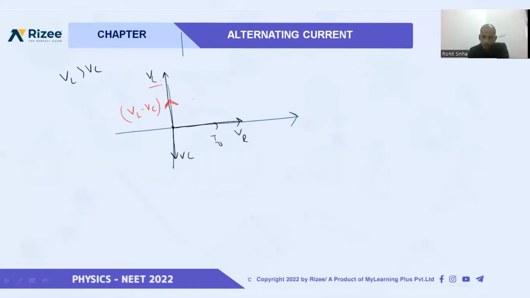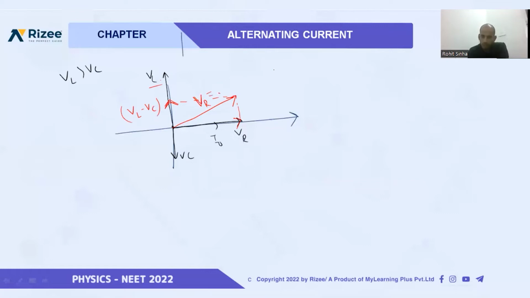Now taking the component of the resultant of these two vectors, that is VR and VL minus VC, we get the value of the resultant voltage in this direction. This will be the resultant value, that is the resultant voltage V. And what will be the value of V?